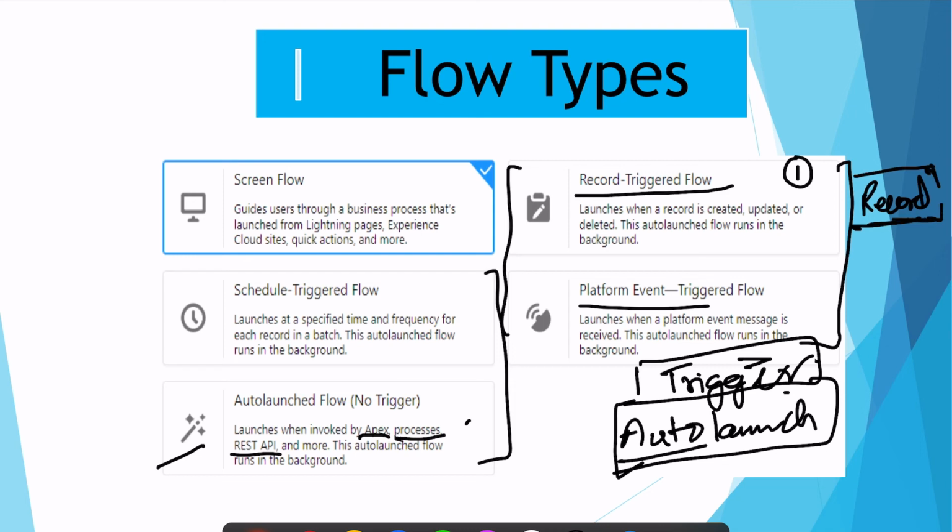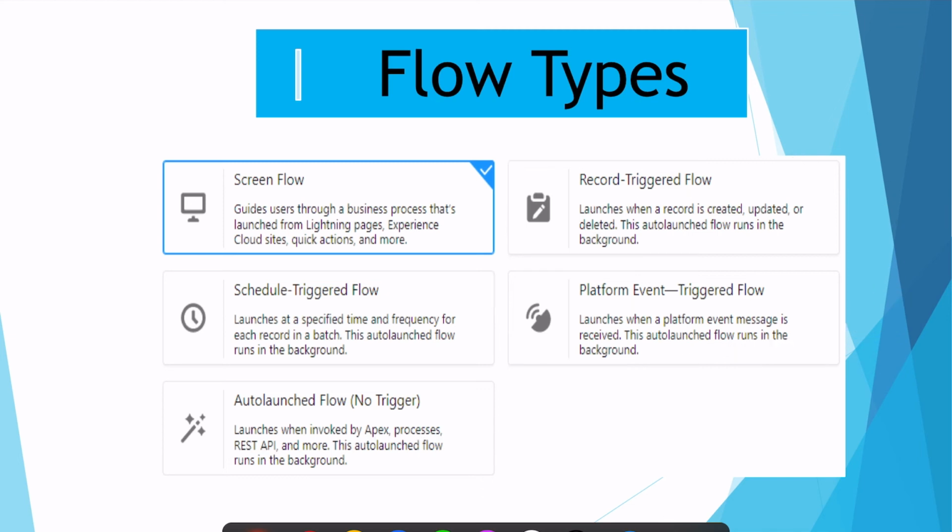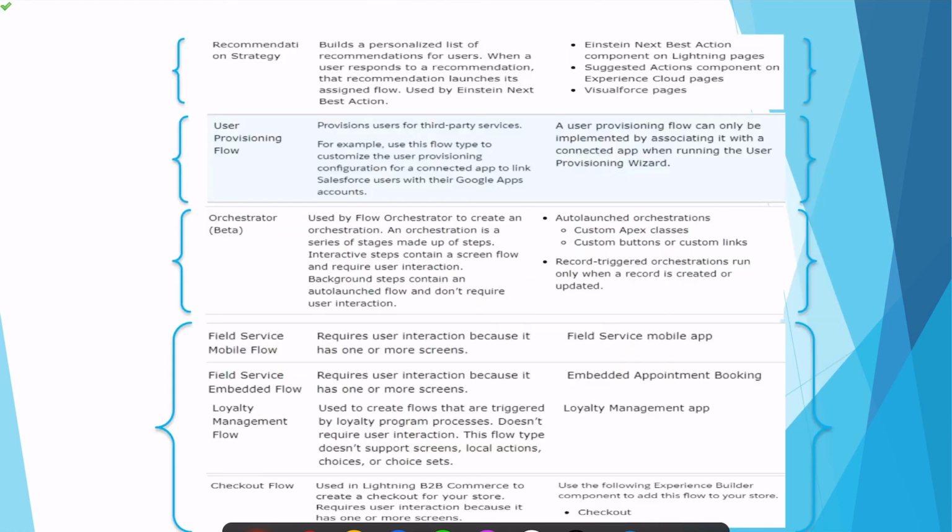Based on that criteria, that trigger will execute and schedule for the specific time. So here we can postpone our action based on the specific time and the requirement. We can specify the time when this record trigger will execute. So this is the difference between these three, and these are the types of flow.